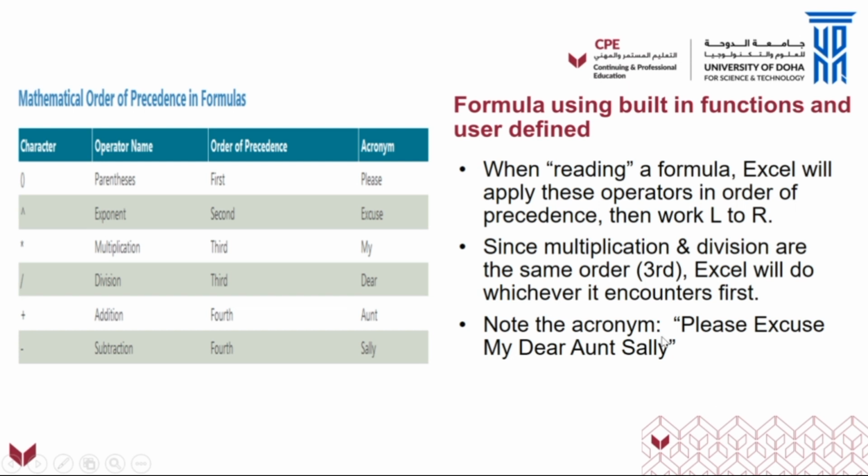So that's one way of remembering the order. Sometimes it is very important because if you're not aware of the order, then even though you have written a correct formula, it does not give you the expected output because of the mix up of preference. This has happened many times.